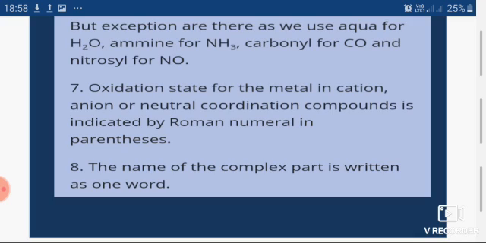And this oxidation state of that metal ion can be written in Roman numerals in parenthesis.